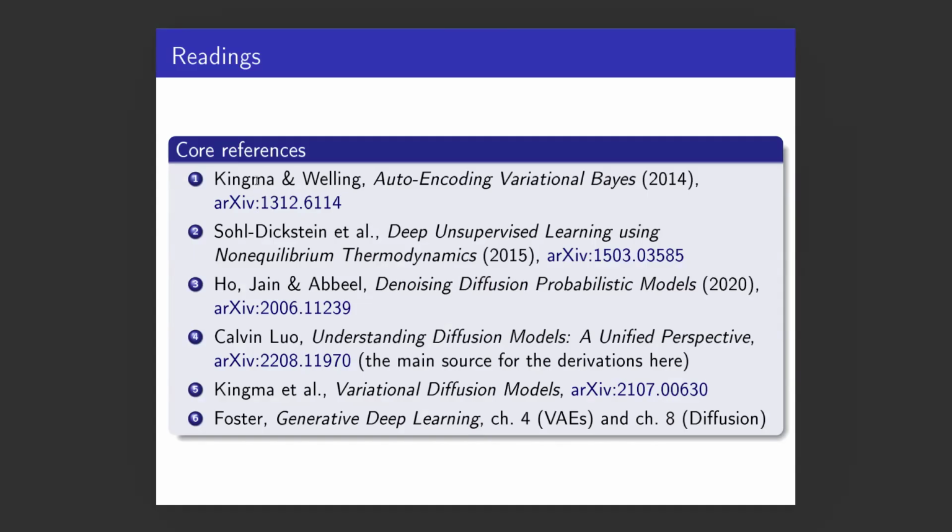And Kingma's article on autoencoders has some 60, 70,000. As I said, a good scientific paper has roughly 100 citations. So it's pretty impressive. But there are also some, if you look at this article by Calvin Luo, there's actually a pretty good discussion of the mathematics, and same with this article by Kingma.